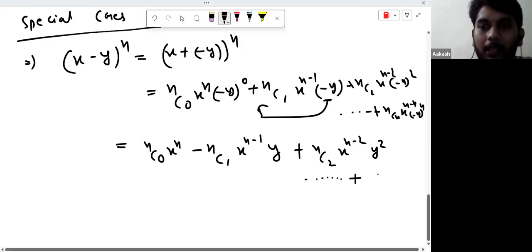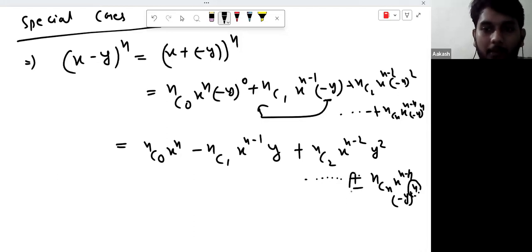And in the end, plus or minus depending on the power, ncn x to the power n minus n y to the power n. Because we do not know the value of n, it can be either even or odd, and so this can be plus or minus, right?